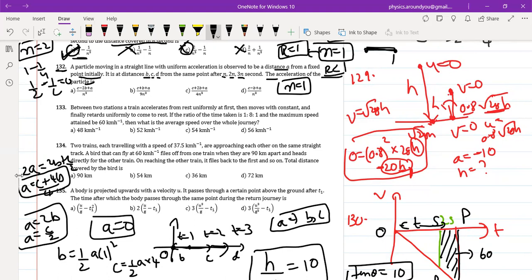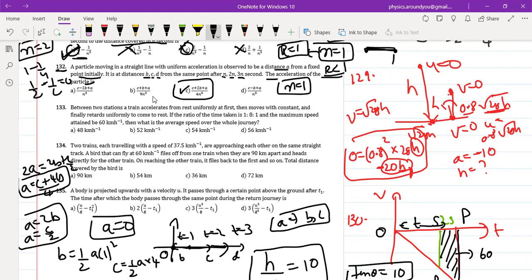So if I put n value as 1, then acceleration in terms of b and c should be (c plus 4b) by 4. I can see if I put n equal to 1, the denominator comes to 4 only in the first case. So it is highly likely that the option is C.